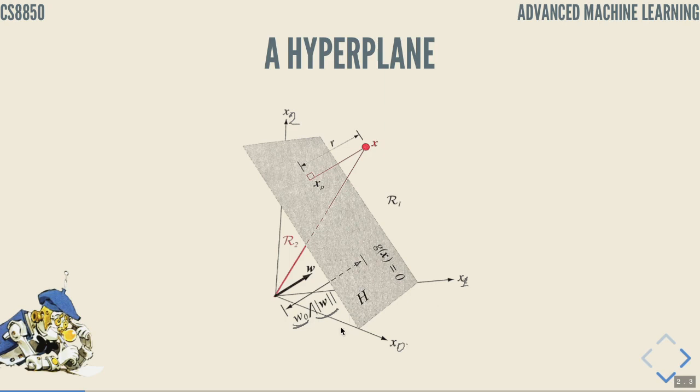Usually the normal vector is set, at least in analytical geometry, and again, just for your reference, to length 1, so w0 is the bias and the distance simultaneously.